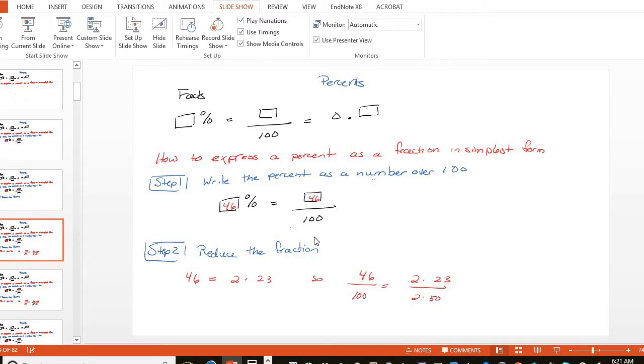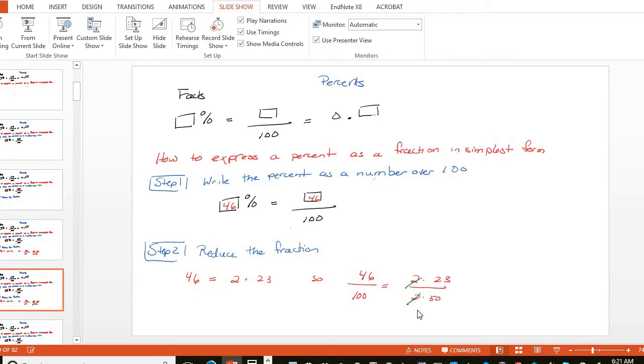Breaking up, my algebra teacher used to say, is easy to do except if you're in love. 46 is really 2 times 23. So I'm going to replace the 46 with 2 times 23. On the bottom, I know that 100 is 2 times 50. Now, whenever I have 2 over 2, the same thing over something else, then I can remove that common factor, because 2 over 2 is really 1, and 1 times any number is itself.